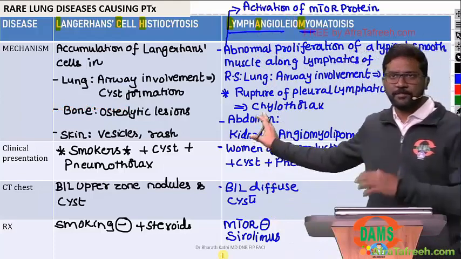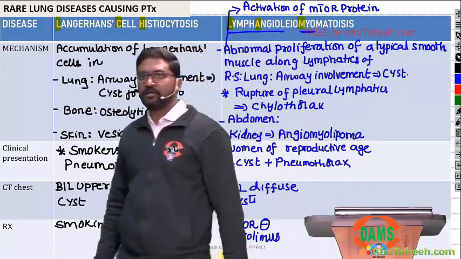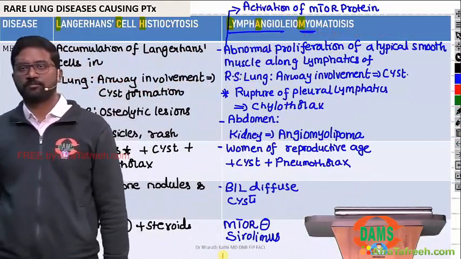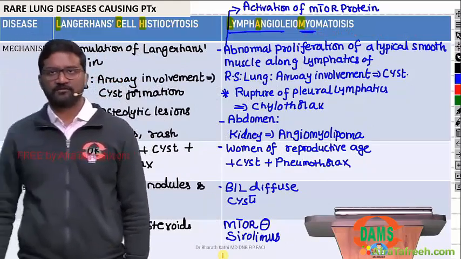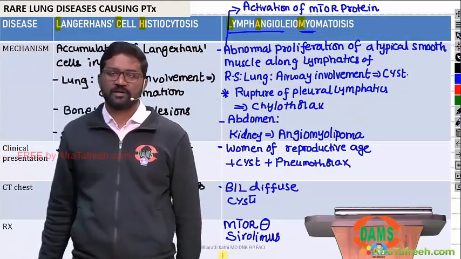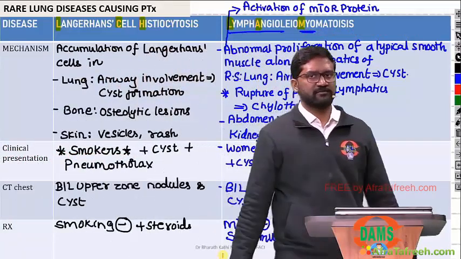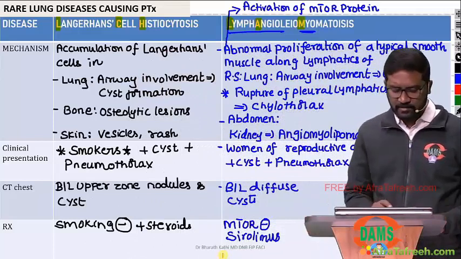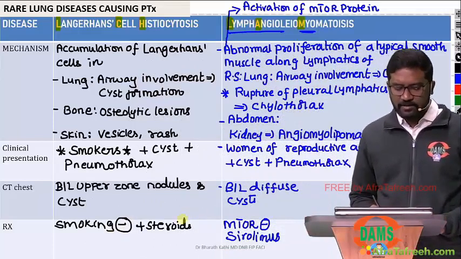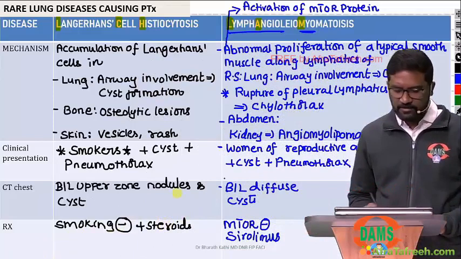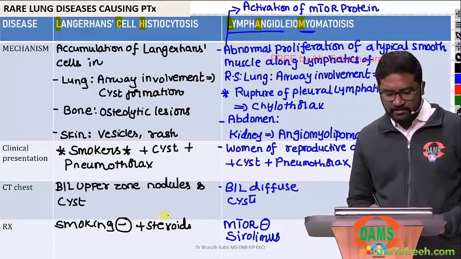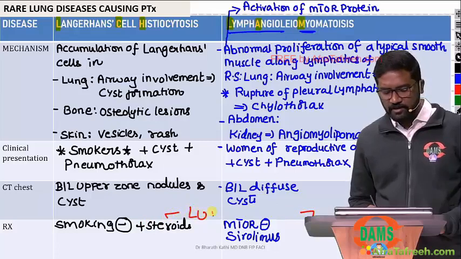Now let it be any of these two diseases. If the patient is not improving with medical management, the only option left is lung transplant. So the ultimate treatment, if the patient is not improving, will be lung transplant.